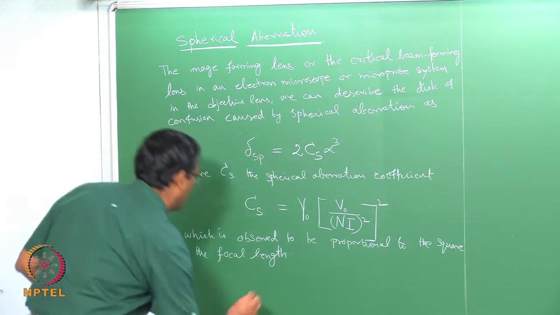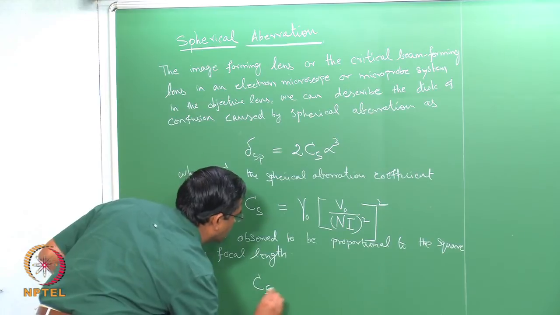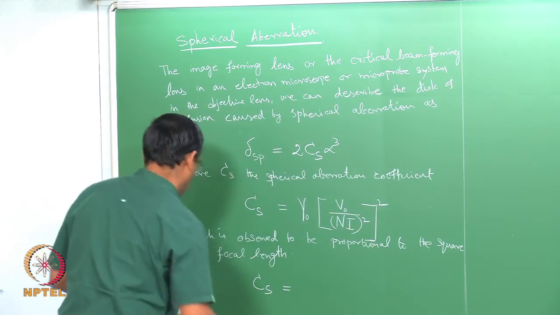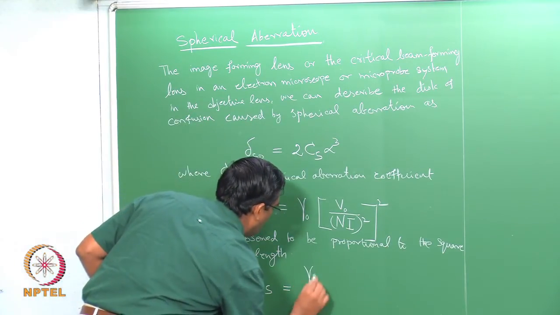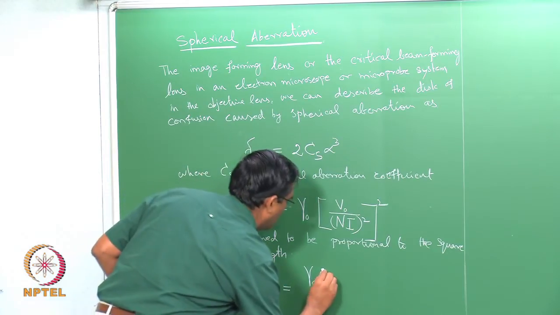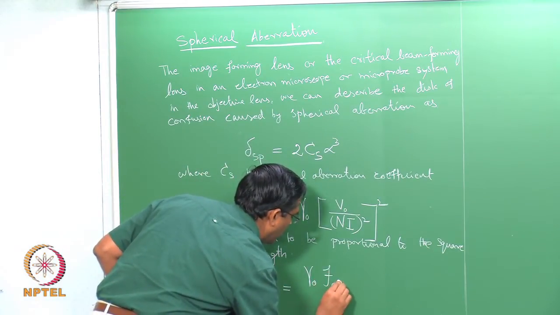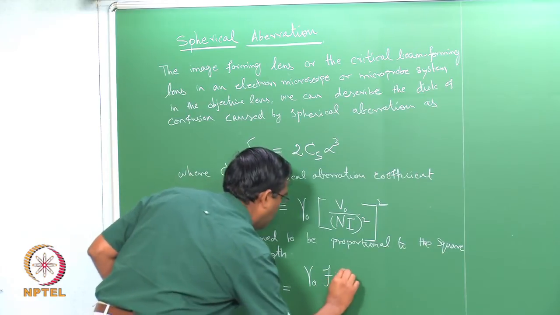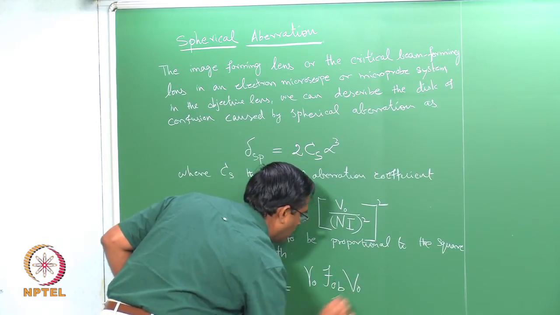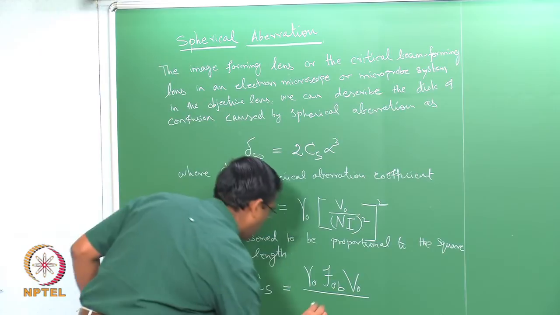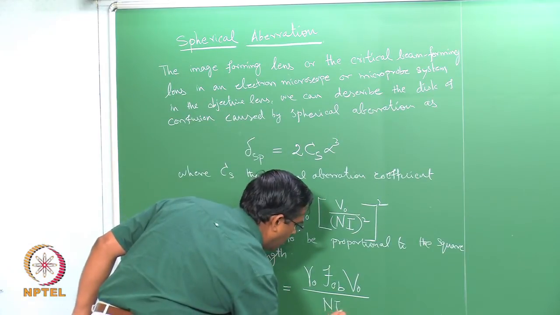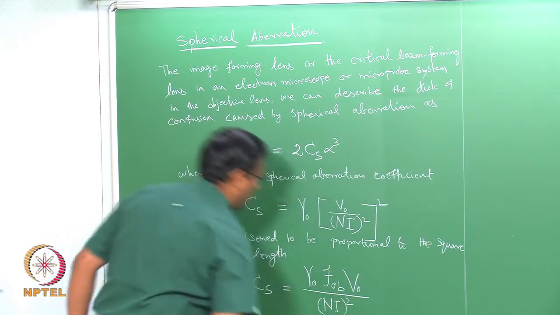So this can be written as CS equal to gamma naught times the focal length of the objective lens and its field potential divided by Ni whole square.